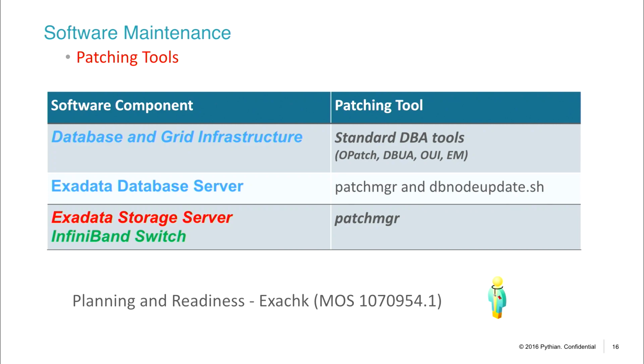For the Exadata database server, we now have the Patch Manager and DB Node updates, where Patch Manager calls the DB Node updates for all of the database servers within our Exadata. And for the storage server and InfiniBand, we manage with Patch Manager.